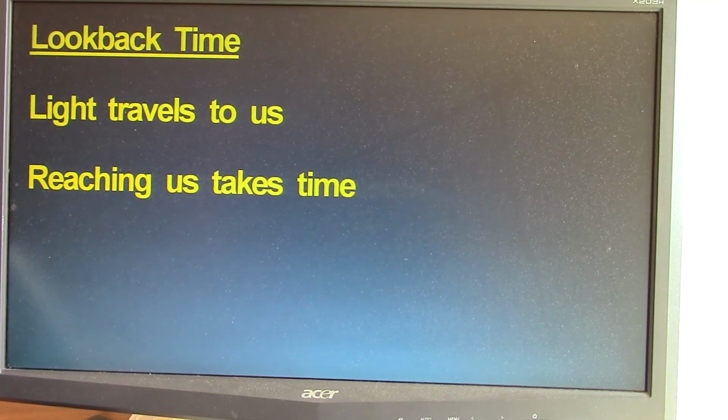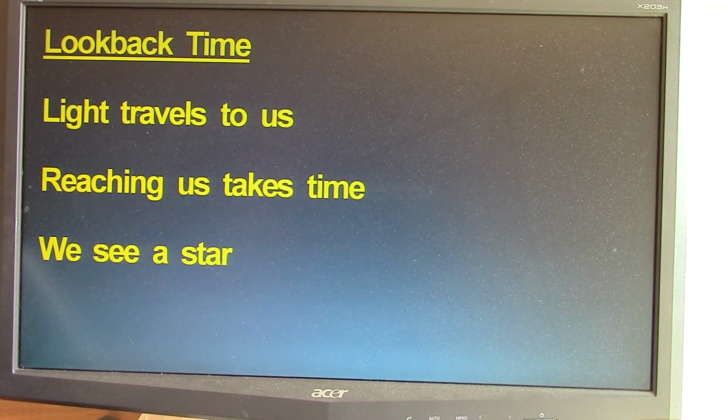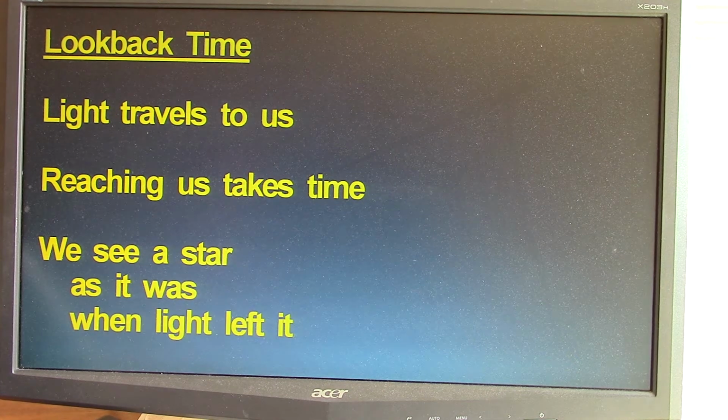So light, right? We all know what light is. We can see light. It's an electromagnetic wave that allows us to see objects. It travels to us from these distant objects out in space, and it takes time for it to reach us. So we see a star as it was when that light left it.